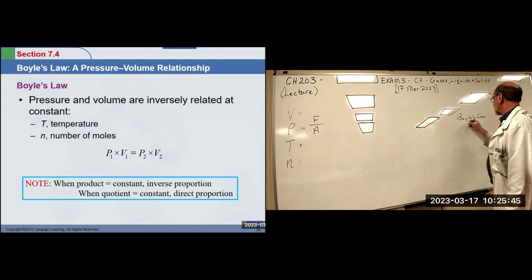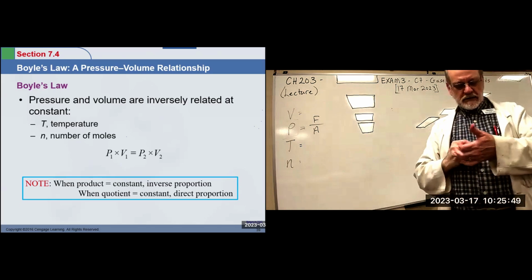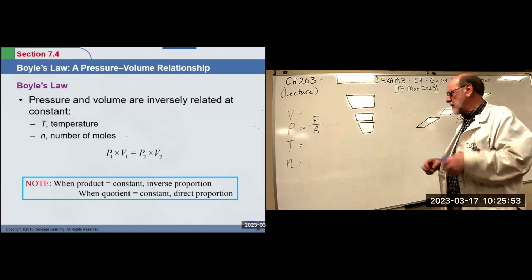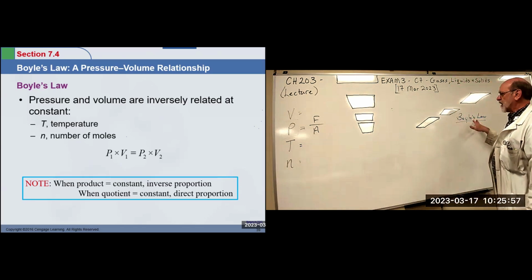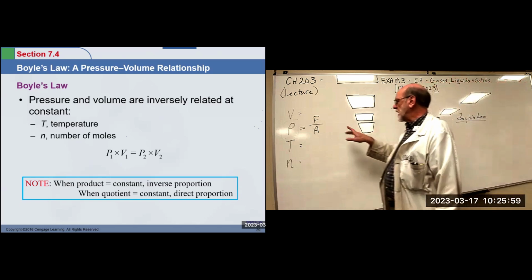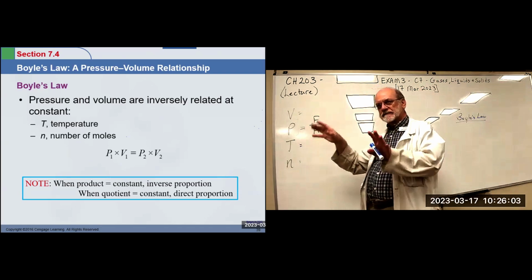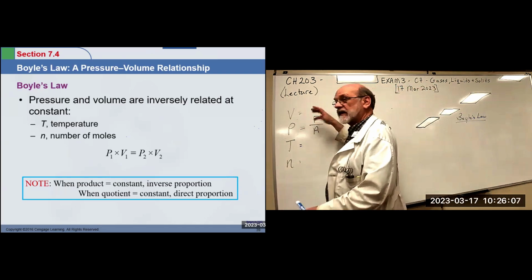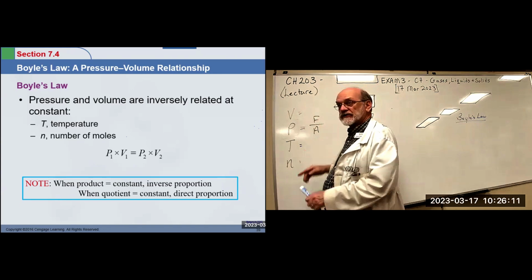Boyle's law. Robert Boyle, in the 17th century, I believe it was, did experiments using pressure and volume as the variables. Whenever you let two of these vary and you want to see the relationship between them, you have to hold the other two constant.